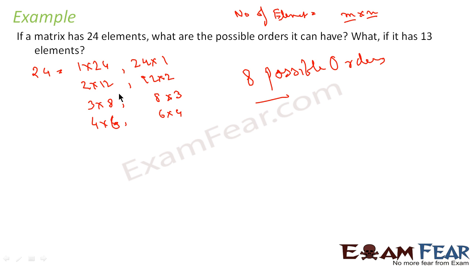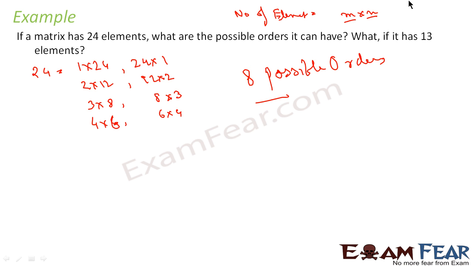So we can write 24, that is number of element, in various different form of m into n, and all the different possible combination if you add, that is nothing but the possible orders. So here we were able to write 24 in 8 different m into n combination. 1 into 24, 24 into 1, 2 into 12, 12 into 2, 8 into 3, 3 into 8, 4 into 6, 6 into 4. So there are 8 possible combinations, so 8 possible orders.